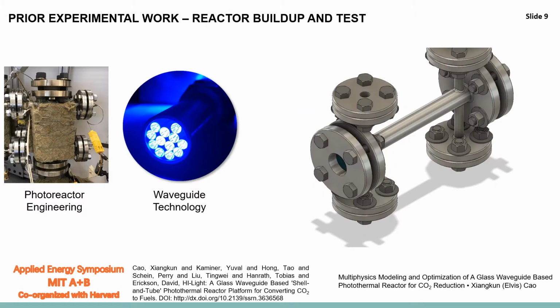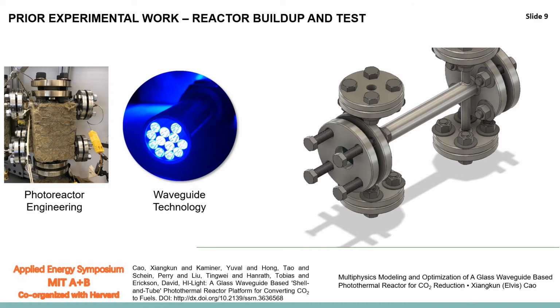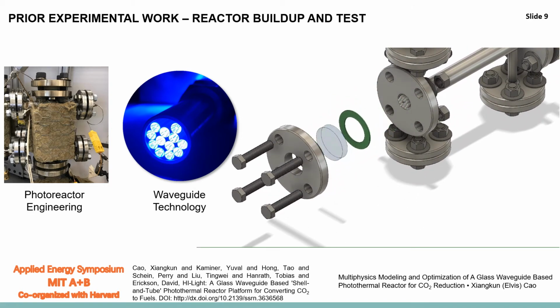In this figure, I'm going to introduce our reactor platform. On the left-hand side of the slide, you can see our photoreactor in operation. Inside the reactor, we put a lot of waveguides to help engineer the way the light is delivered, to make sure all of the light can be delivered to the surface of the catalyst.